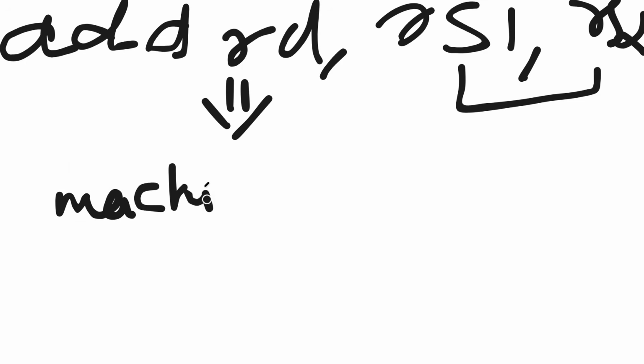But how can you tell it to the computer? If you are adding and storing the result in RD, we can understand this by seeing the instruction, but the computer won't understand it. So we have to convert this instruction into the machine language.